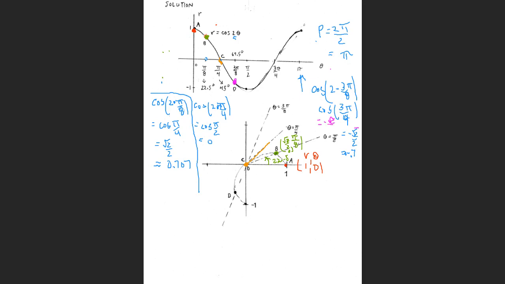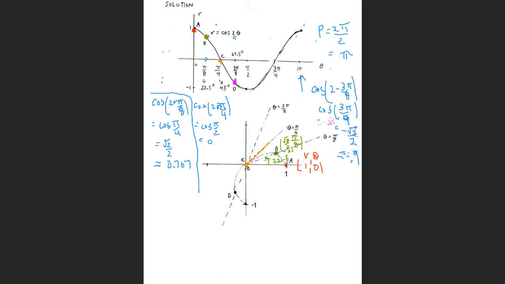Negative root 2 over 2, which is about negative 0.7.